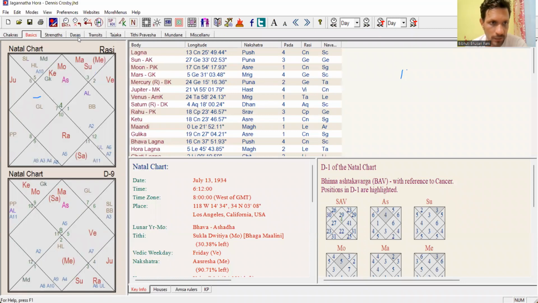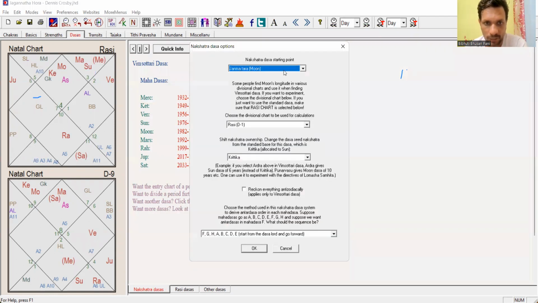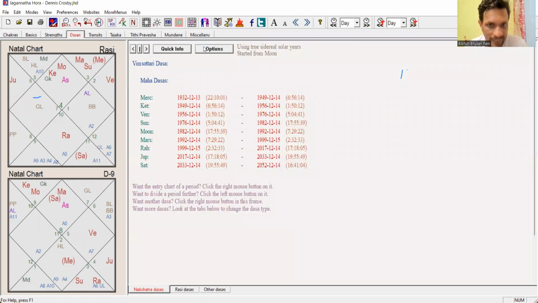As Moon is in the lagna, we can simply use Vimshottari dasa starting with Janma Nakshatra. And you will find the native's periods have started with Mercury dasa.